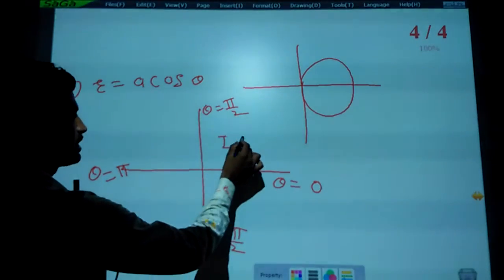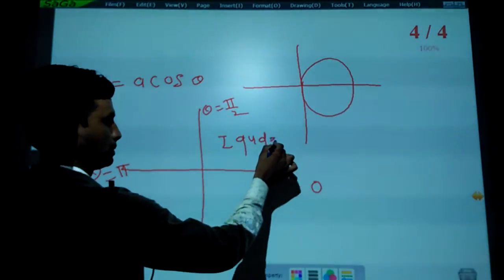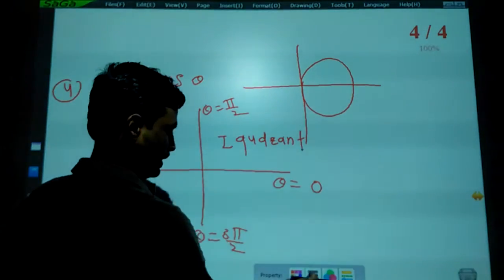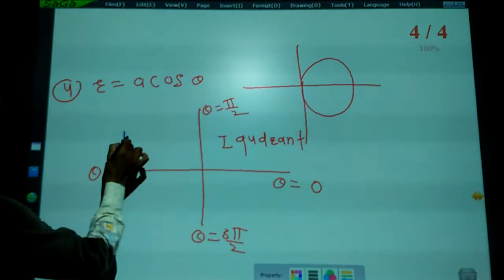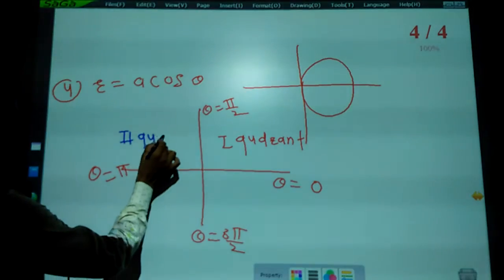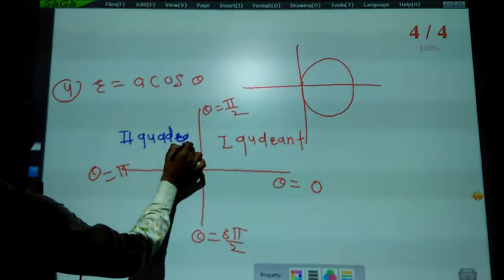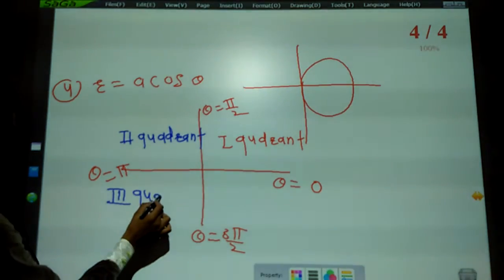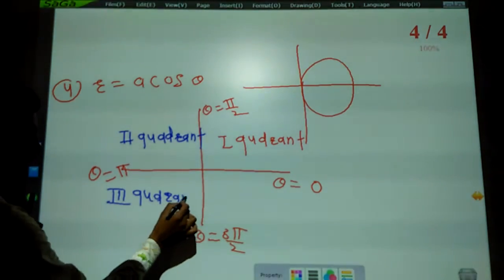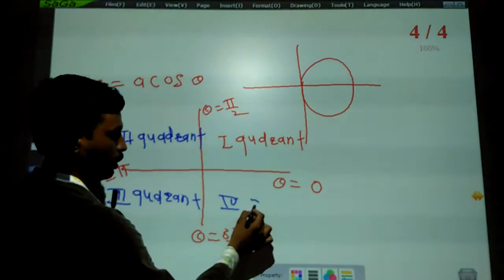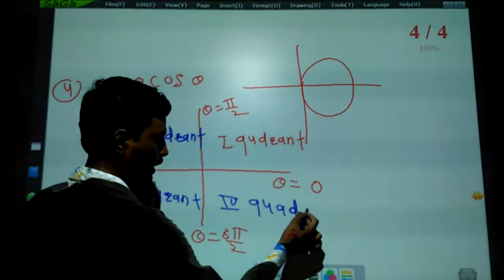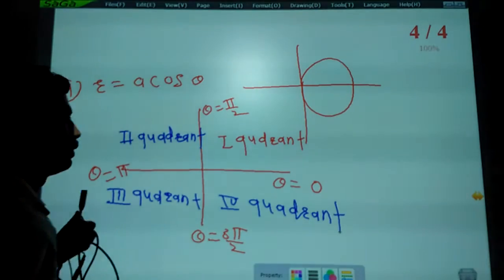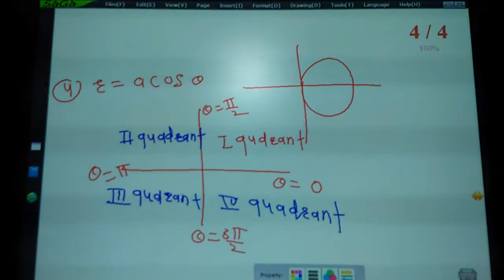This is the first quadrant, this is the second quadrant, this is the third quadrant, and last is the fourth quadrant. Okay, so now after completion of these basic things, we will start example number one.